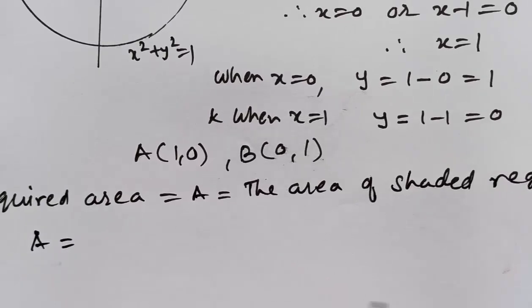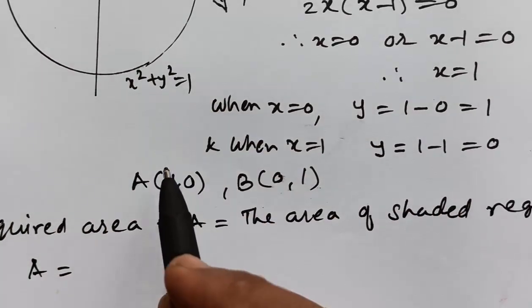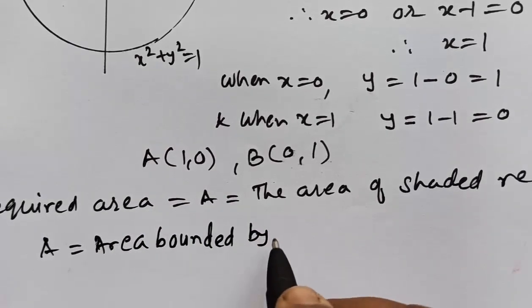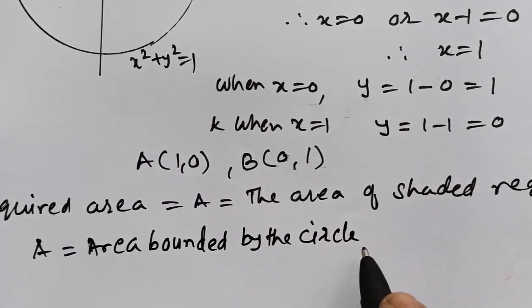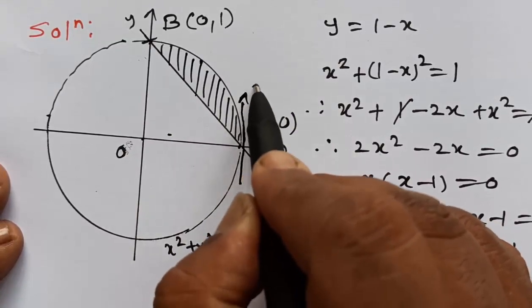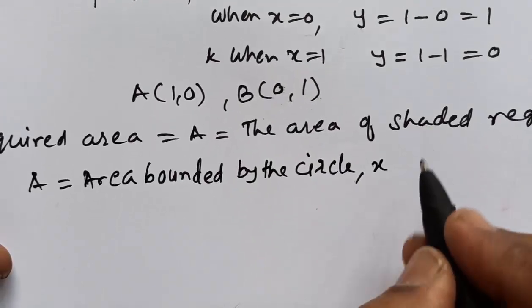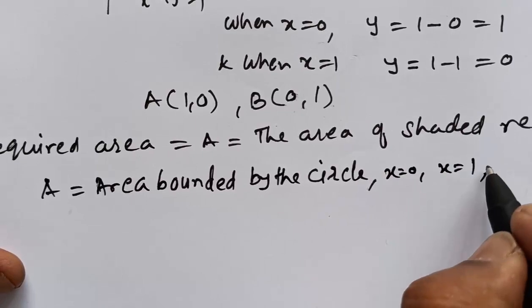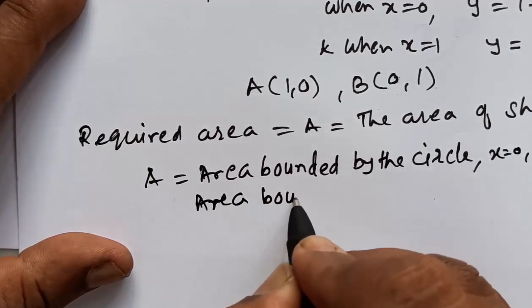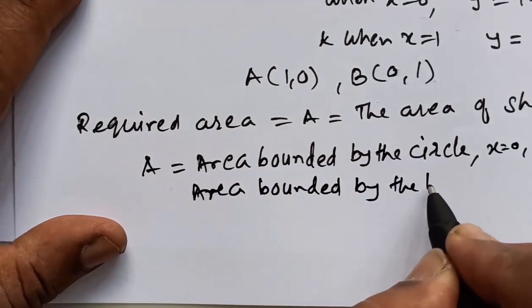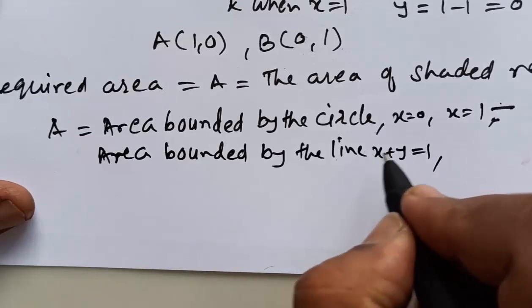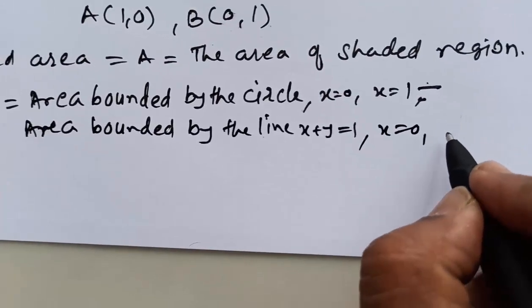A is equal to the area bounded by the circle and the lines x is equal to 0 and x is equal to 1, subtracting the area bounded by the line x plus y is equal to 1 and the lines x is equal to 0, x is equal to 1.